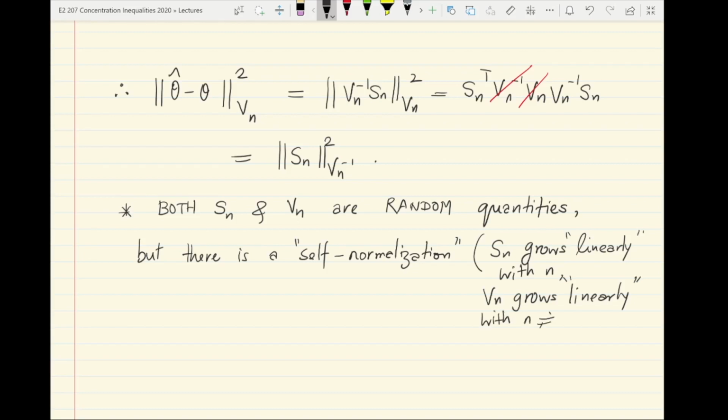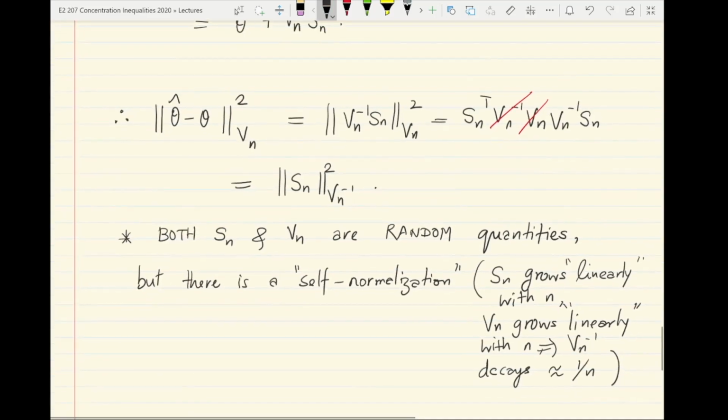and hence Vn inverse decays as 1 over n roughly. Okay, so Sn grows linearly with n, Vn also grows linearly with n roughly, and so essentially you expect Sn normalized by Vn inverse to be essentially of some kind of constant scale.